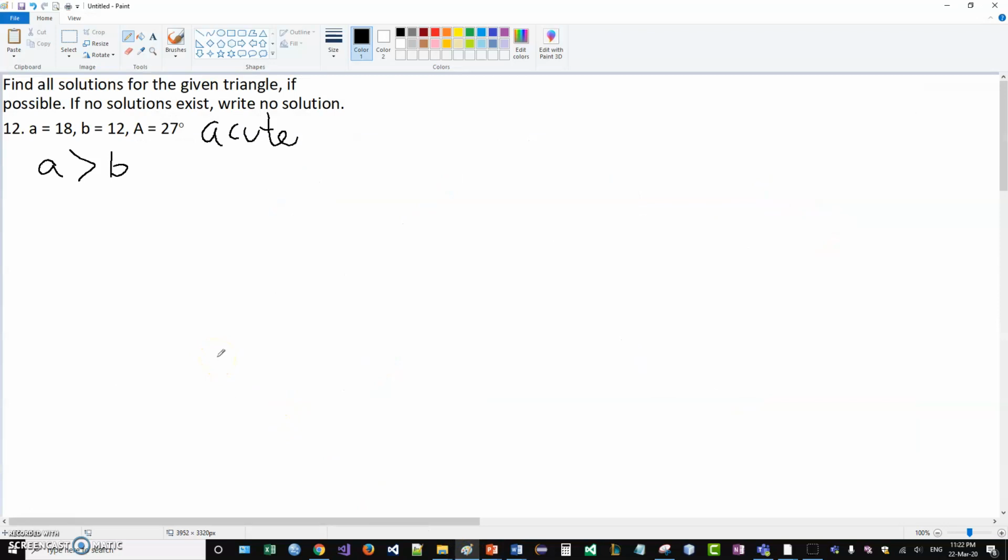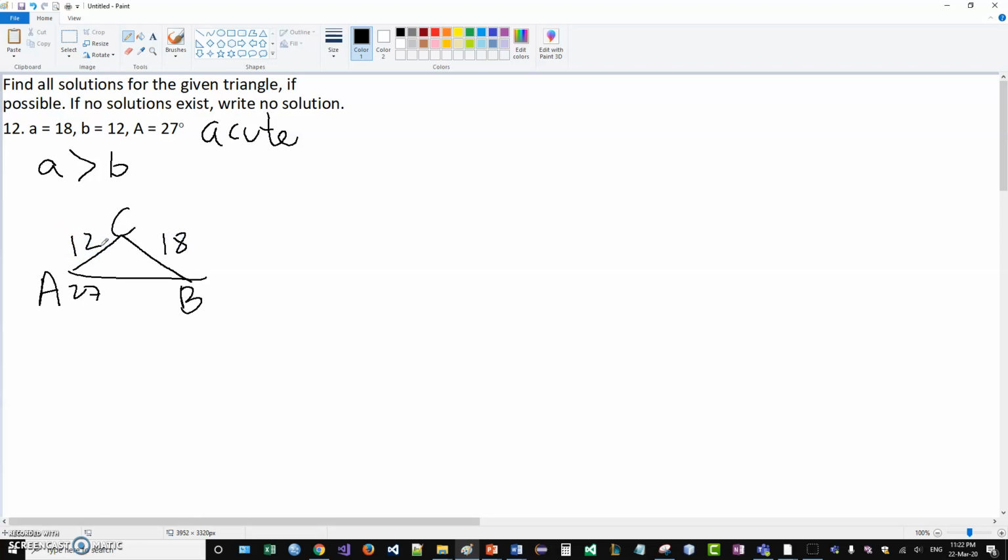Alright. Now let's say this is the triangle, 27 degrees. This is A, this is B, and this is C. Right here we have 27, and here is 18, 12.